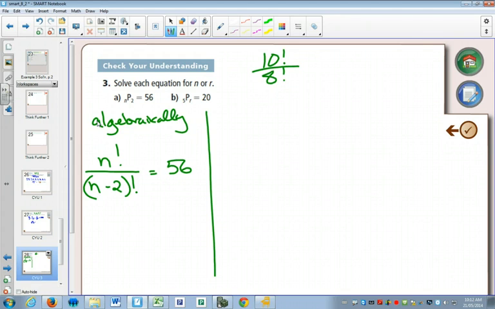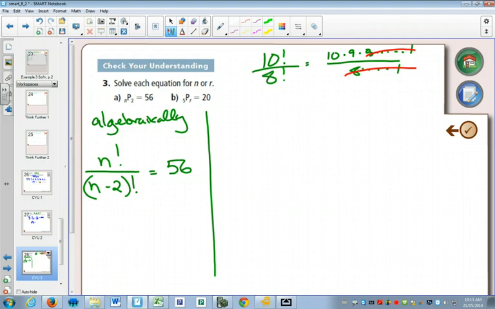Yeah, you cancel them out. So imagine canceling out a bunch of stuff. What's it going to equal? 90, right? Because when you expand the top, it's going to get to 8 and go all the way down to 1. And the bottom is going to start at 8 and go all the way down to 1. So these will all cancel out, and you'll just be left with 10 times 9, which is 90.